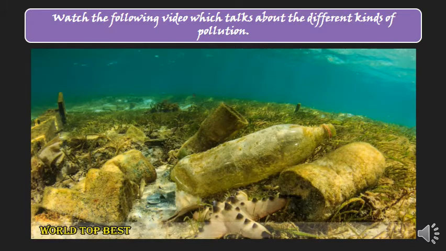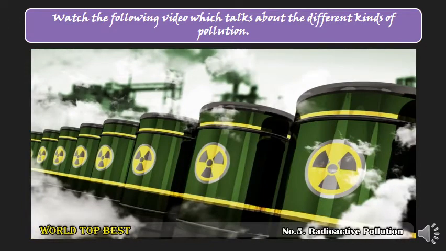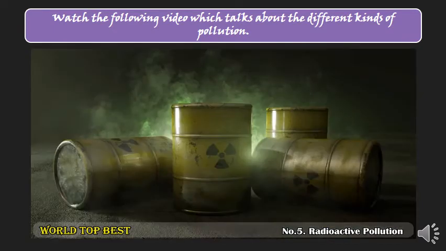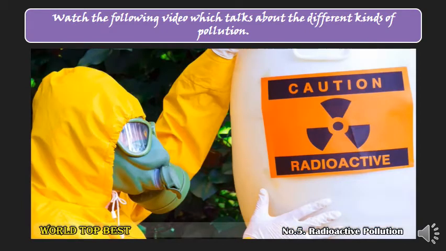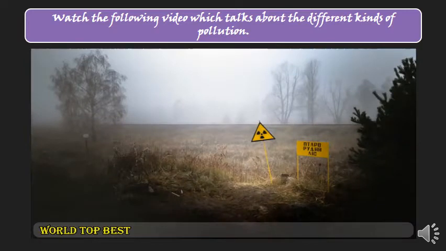Number 5. Radioactive pollution. Radioactive pollution is defined as the physical pollution of living organisms and their environment as a result of release of radioactive substances into the environment during nuclear explosions and testing of nuclear weapons, nuclear weapon production and decommissioning, mining of radioactive ores, handling and disposal of radioactive waste, and accidents at nuclear power plants.